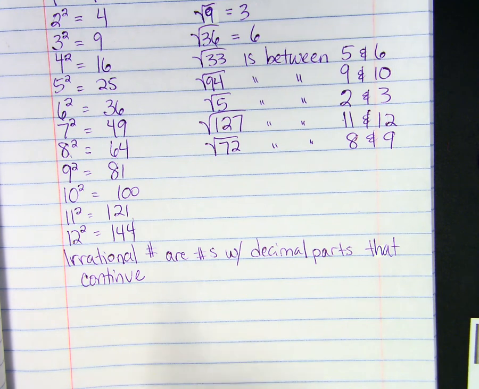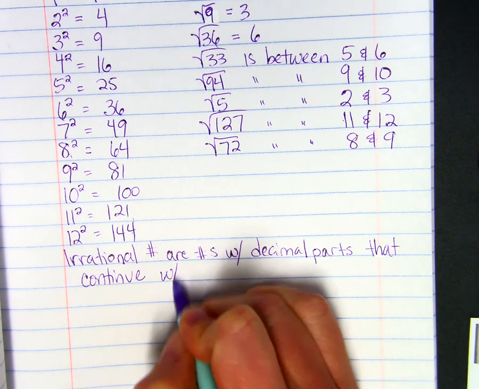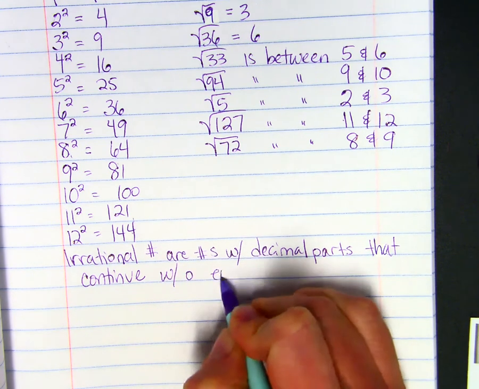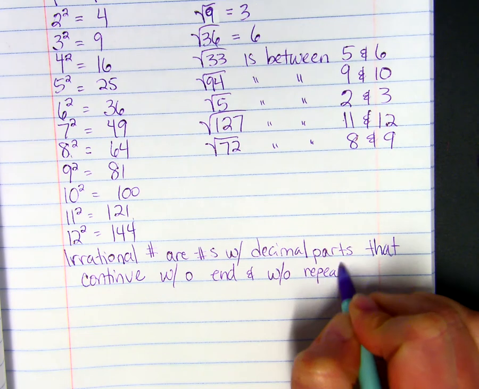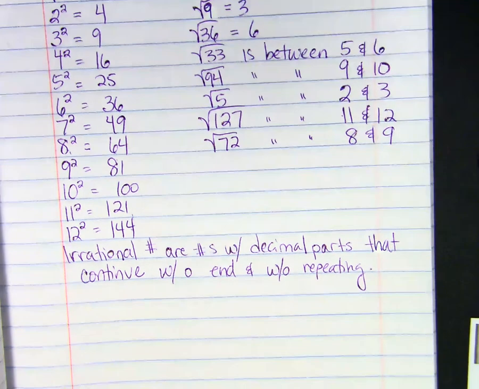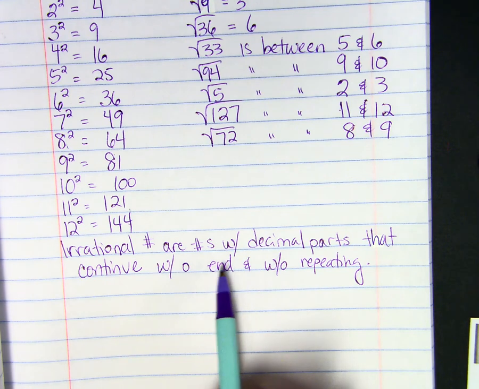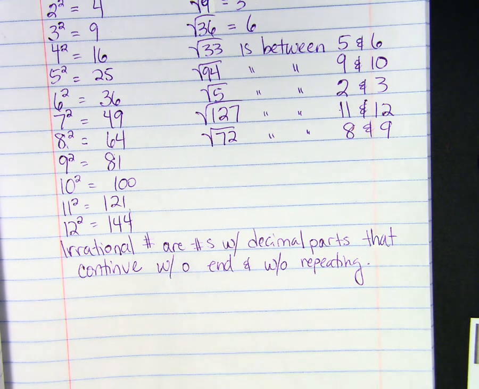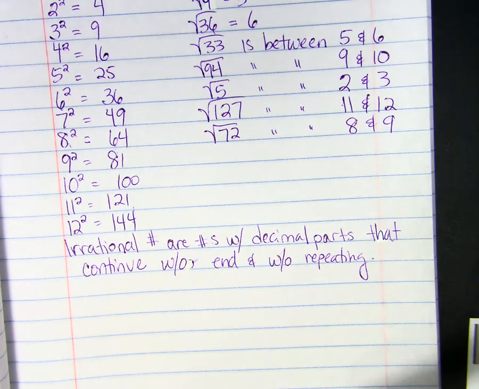So that continue without end and without repeating. So you know the W with the slash means with, the W slash O means without. We really would put it closer together there. There we go.